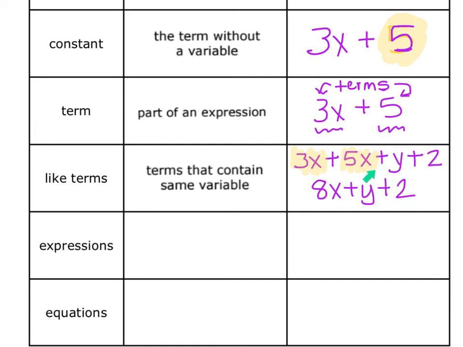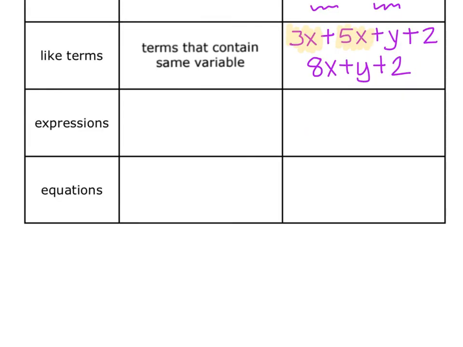Now, you're not necessarily going to see a problem like this. We do get into x and y when we're doing a lot of our geometry. But with this, I just want to show the example that the 3x and the 5x both have an x. It doesn't always have to have a coefficient in front of it. If it's just x by itself, the value is 1 because I would just have 1x.